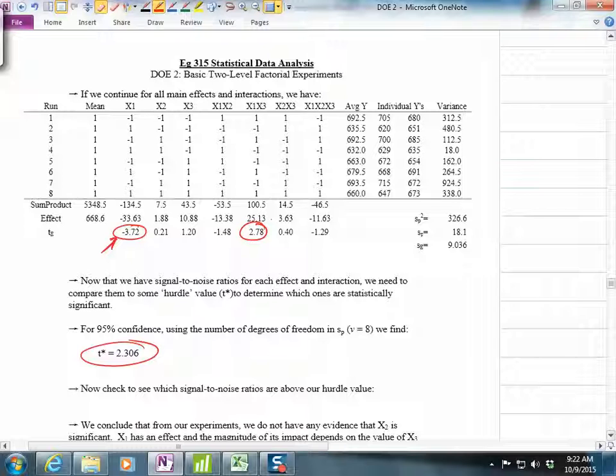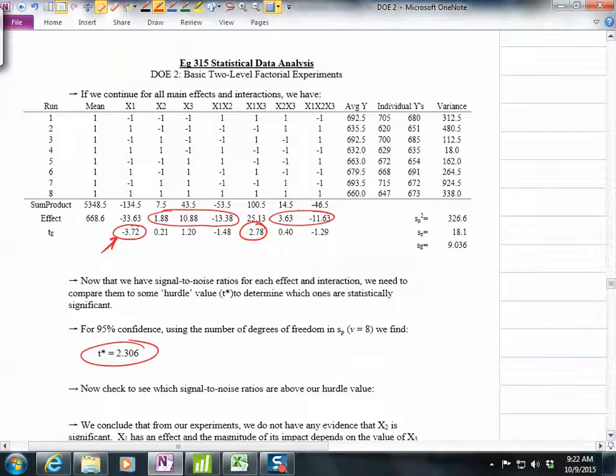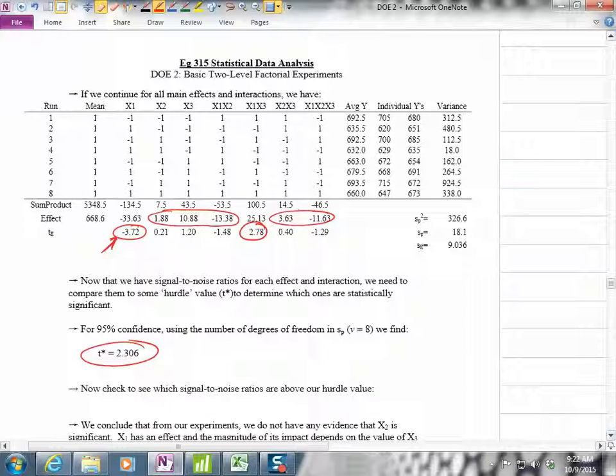And all these other effects, even though they're not exactly 0, their difference from 0 can be explained by the noise in the experiment. Does that make sense? This number isn't 0, but it's just noise. We're saying all the rest of them haven't proven themselves to be different from noise.